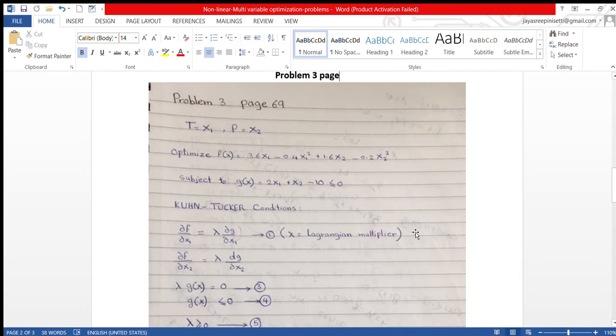So determine the optimum temperature and optimum pressure of the given process using Kuhn-Tucker conditions.